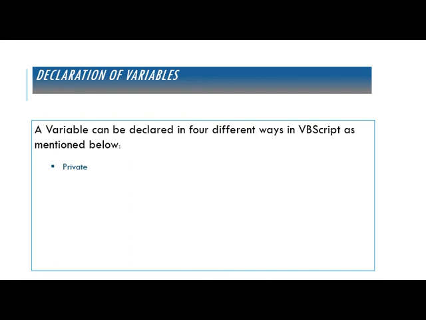One is private variable, and second one is public, dim, constant. Public, private, dim, constant. That's how we can declare the variables in VBScript.